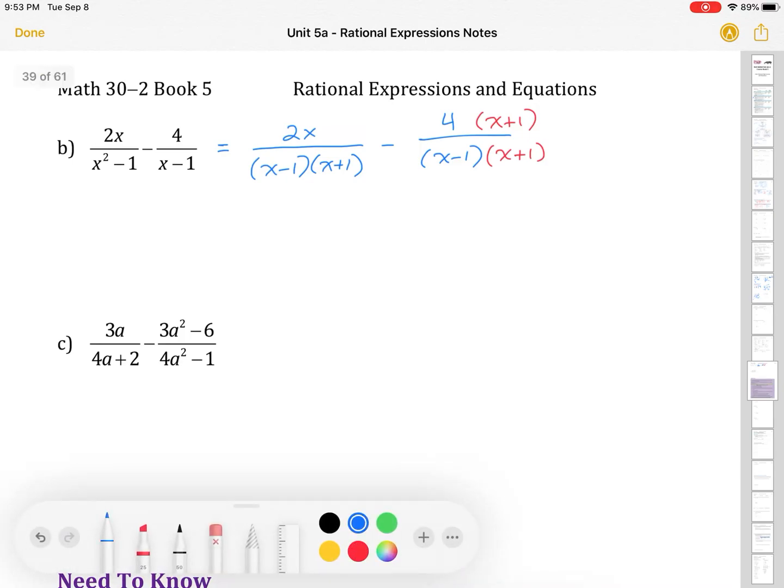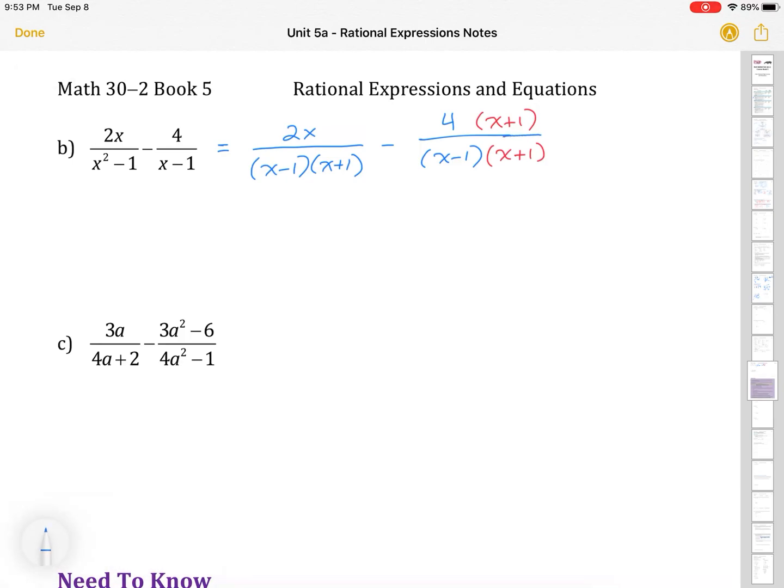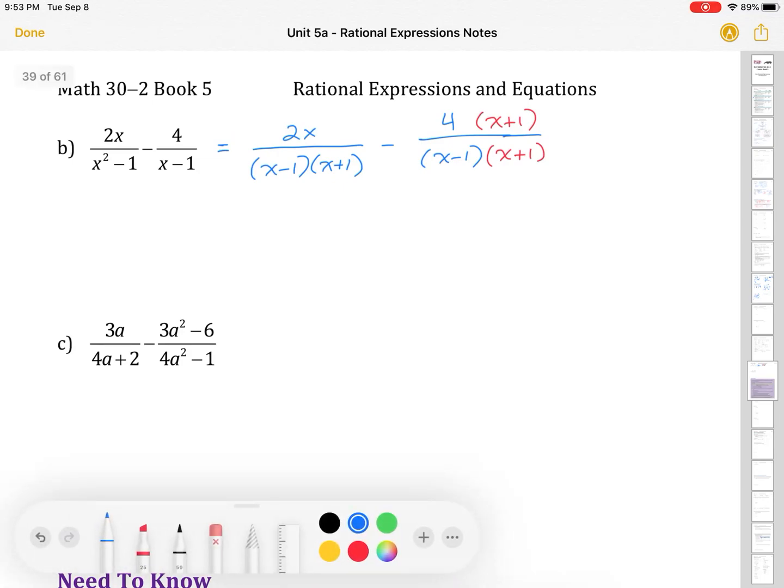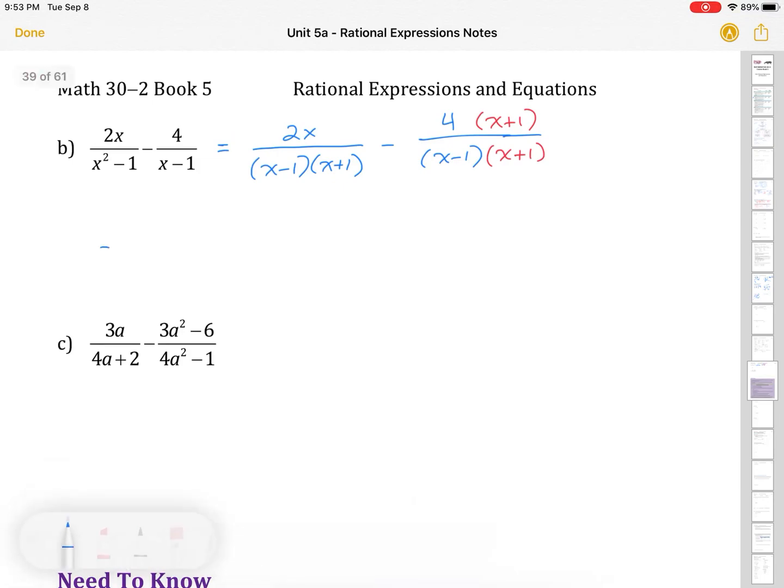And then I'm going to have the same denominator for each fraction. So use factoring to make your work easier. Okay, now to combine them, I have 2x minus 4 times x plus 1, and it's all over x minus 1 times x plus 1.